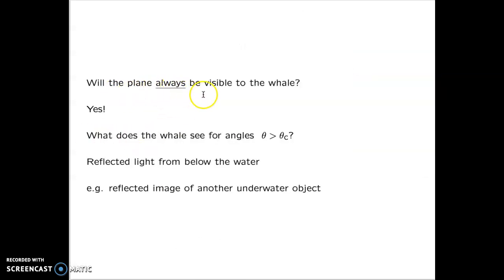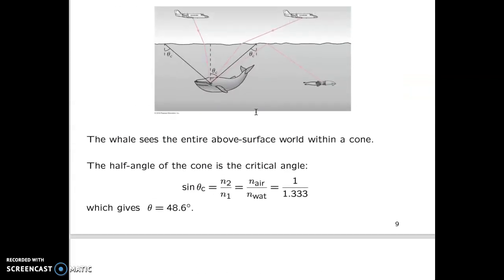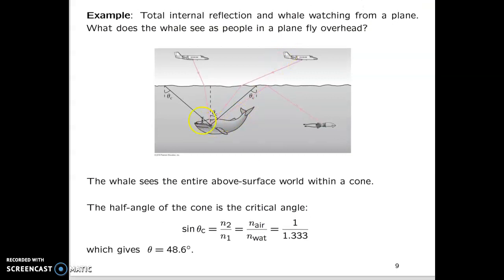Question, will the plane always be visible to the whale? Well, the answer is yes. It doesn't mean that the plane has to be literally within this angle itself. That's not a restriction on the position of the plane. The plane can be, as we said, way over here, and then the light will hit the surface of the water and then bend down and meet the whale's eye.